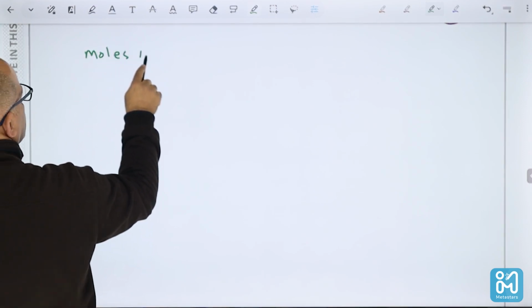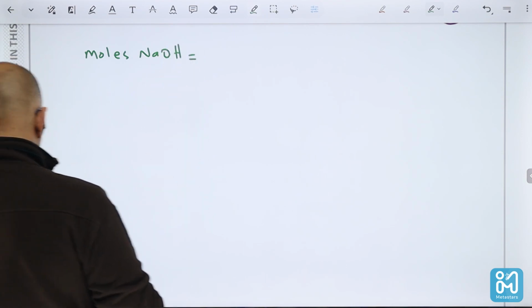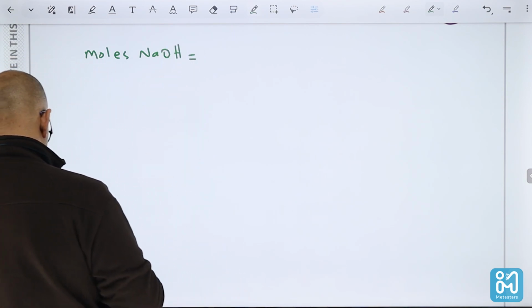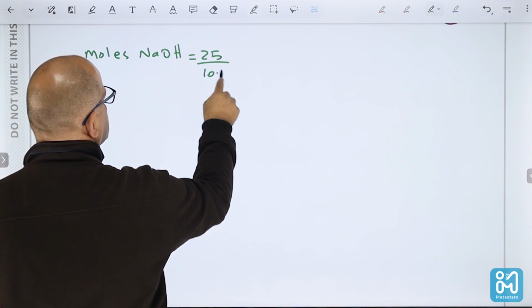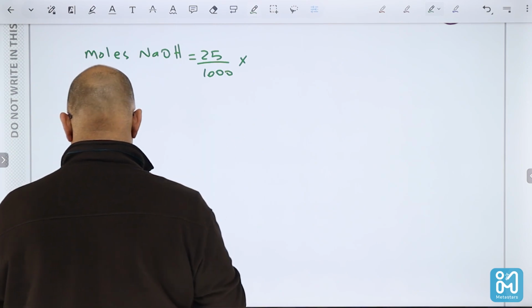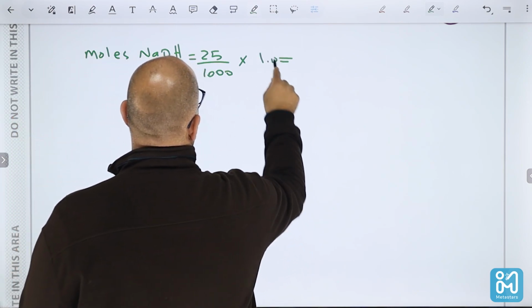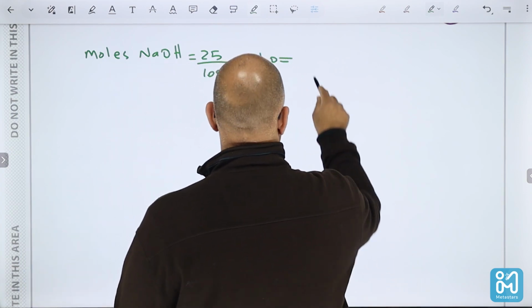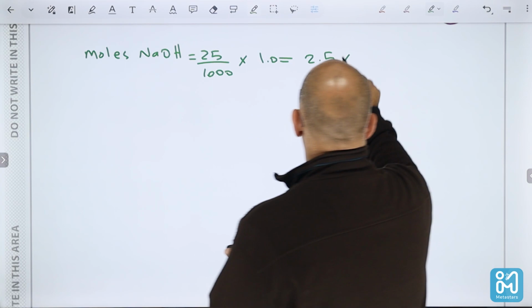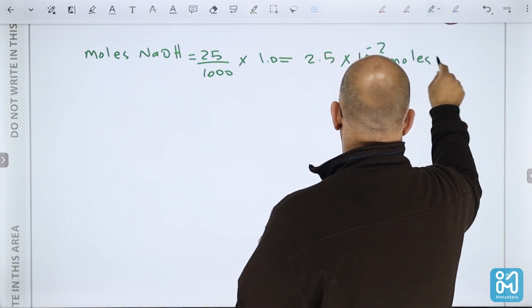Moles of NaOH equals the volume, 25 over 1,000, times its concentration, which is 1, and this equals 2.5 times 10 to the power negative 2 moles.